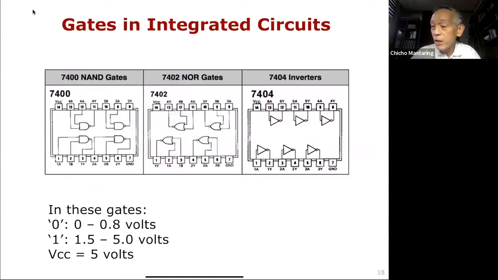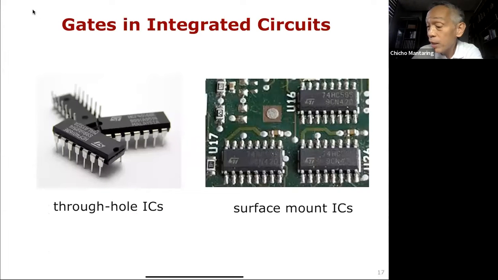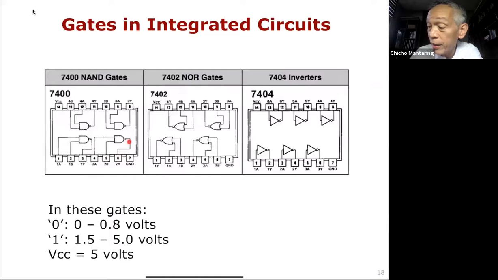So for example, the 7400 IC actually has 4 NAND gates inside. The 7402 IC has 4 NOR gates inside. So if I buy an IC like the 7400, top view, I can look at it this way, and these are my leads. Here I connect my power supply VCC.